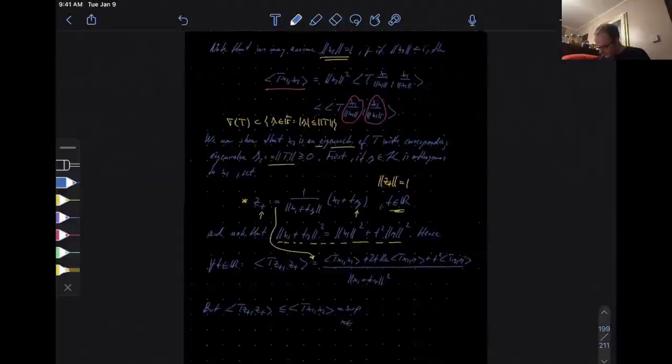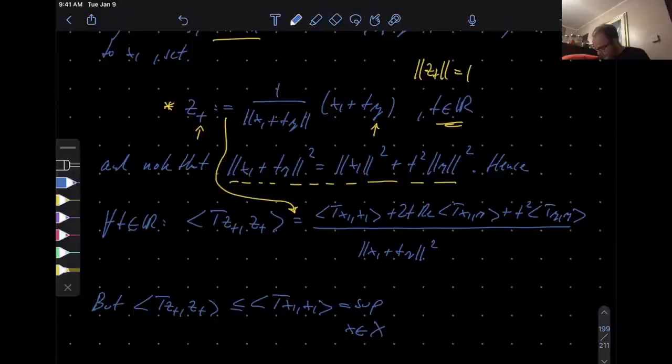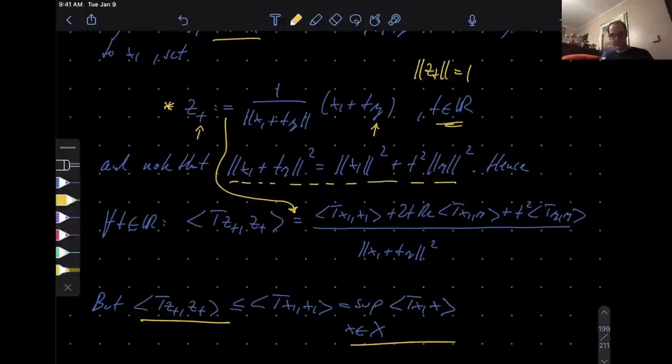Yep, I called it X. The inner product of Tx comma x, right? And so this here, of course, has to be less than or equal to that supremum, right? That's clear. Yeah, but now if you use the formula that you have up here and replace the left-hand side, then you will have, of course, the inner product of Tx1 appearing here as well, and you have it here in your upper bound as well, all right?